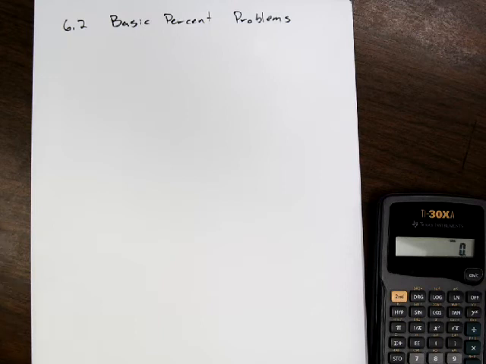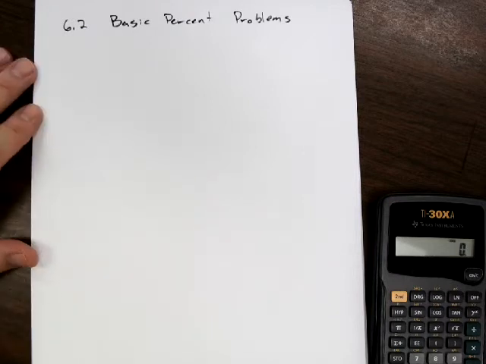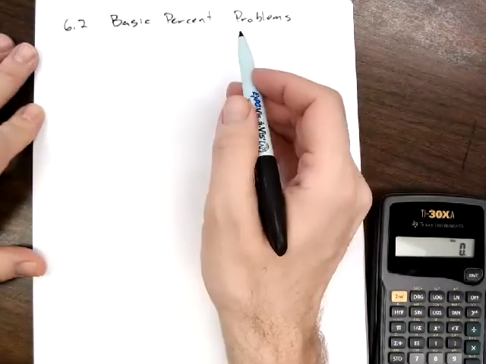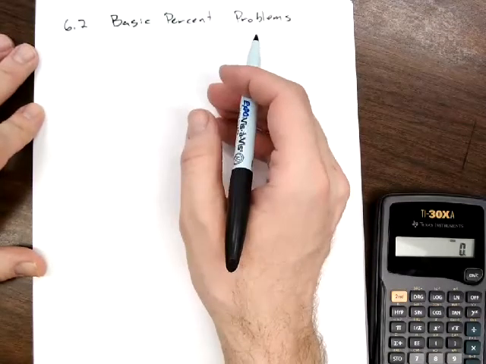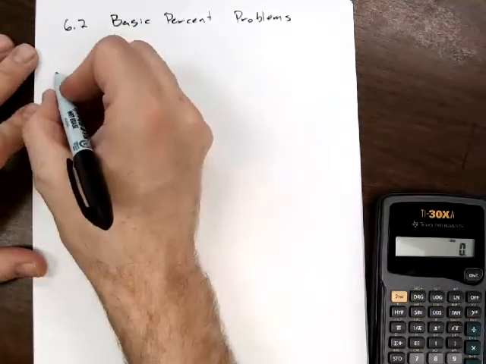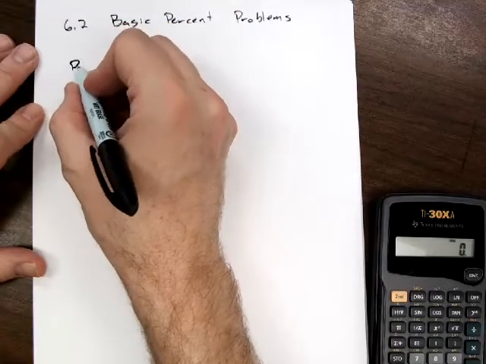Okay, let's go ahead and get started talking about some of our basic percent problems. There's going to be two different ways of using percents to solve some of our basic questions. One way is with what we call our percent equation.